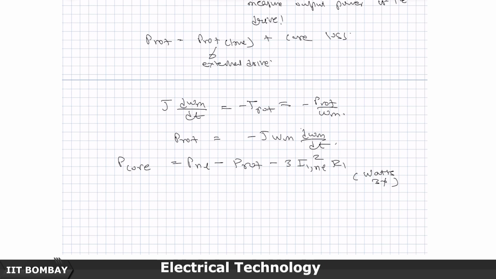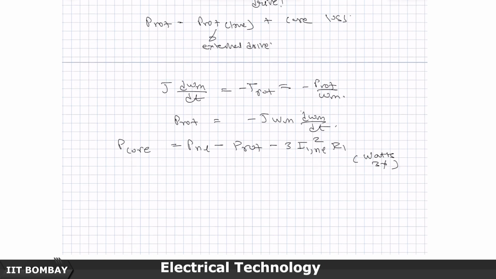Now I have got that, and from here I can measure R1, the resistance of the stator, per phase. Roughly speaking, this R1 is a very small value, right.